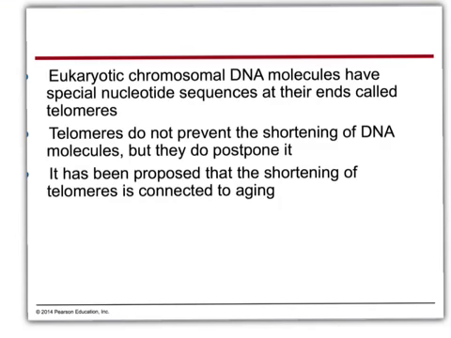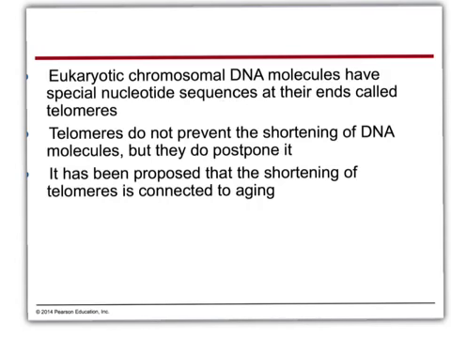All right? So there's special nucleotide sequences at the end of chromosomes that tend to not have very many genes associated with them, so sort of another fail-safe, if you will. All right? And then the telomeres do not prevent the shortening of DNA molecules, but they do postpone it. And telomerase helps to produce that. Okay?